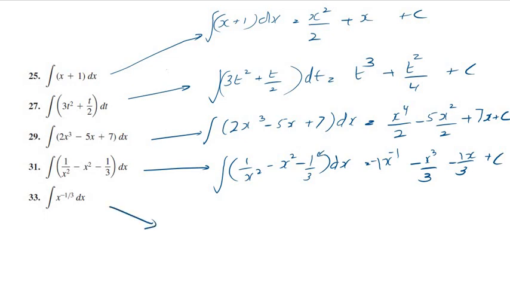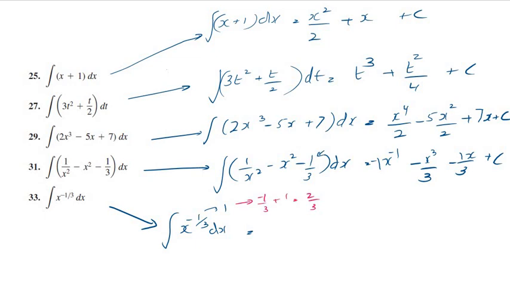And let me do this next. So we have integral x to the power minus 1 over 3 dx. And when you add 1 to this, I'll do it in a different color. Here we say minus 1 over 3 plus 1 is equal to 2 over 3, because you just take 1 over 3 off of 1.